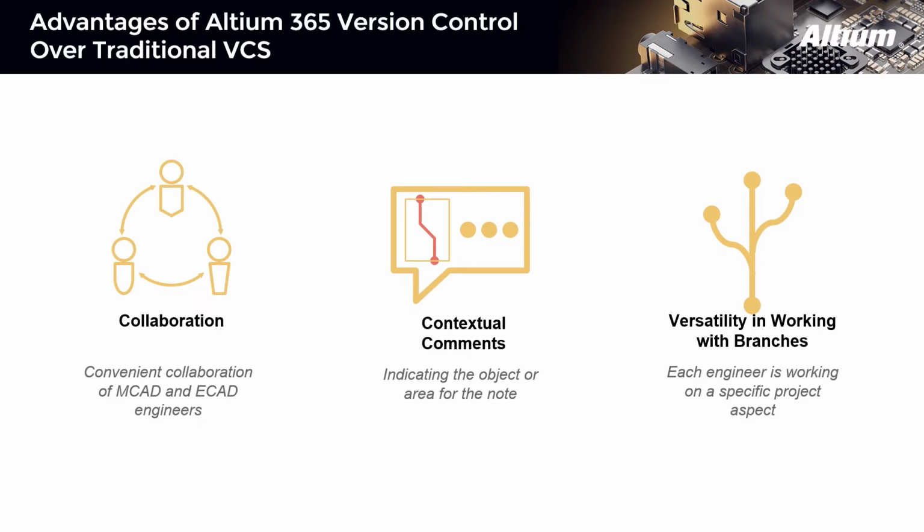Altium 365 also allows you to comment on the project in the design context by specifying a specific object or area. You can use comments in Altium Designer or share your projects with anyone through browser access. Browser access is available to anyone with a free Altium Live account without the need of any license.